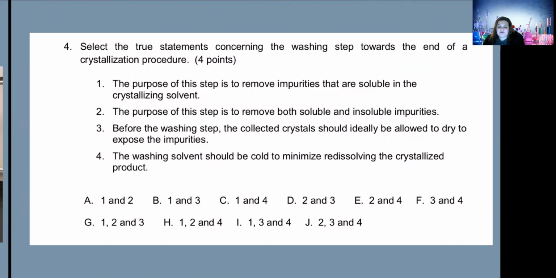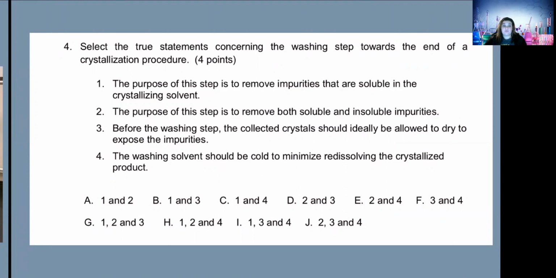All right, so select the true statements concerning the washing step towards the end of a crystallization procedure. So we are talking about the washing step towards the end of a crystallization procedure. So the washing step, which apparatus is that? That's vacuum filtration, right?